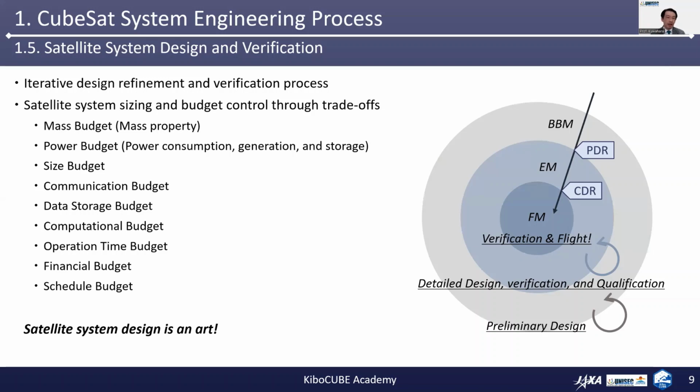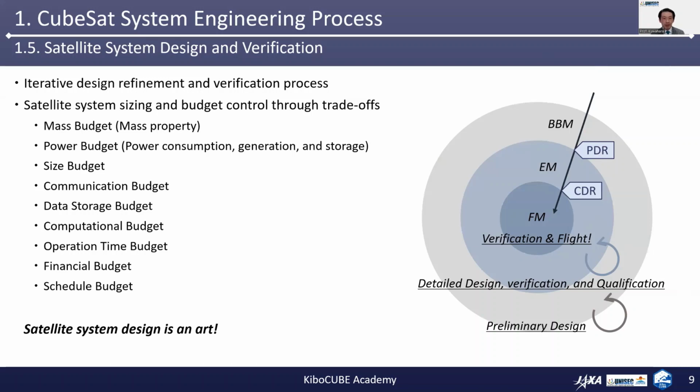The illustration on the right-hand side explains this iterative design process of the satellite. Firstly, in the preliminary design process, which is indicated as the biggest gray circle in this diagram, you try to define the first sketch of the satellite system iteratively. If the preliminary design passes the preliminary design review, or PDR, the project can move on to the next step, the detailed design, verification, and qualification.